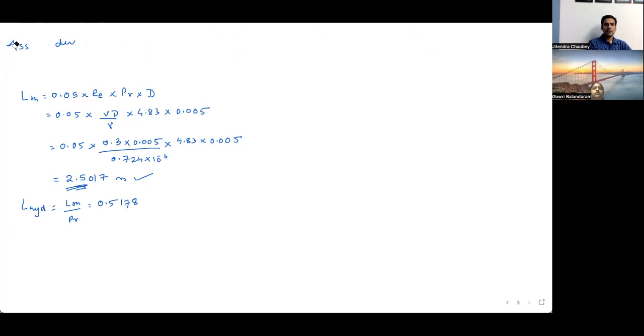Let us start the procedure and try to solve it. Suppose we calculated L thermal, and now let us assume fully developed flow.